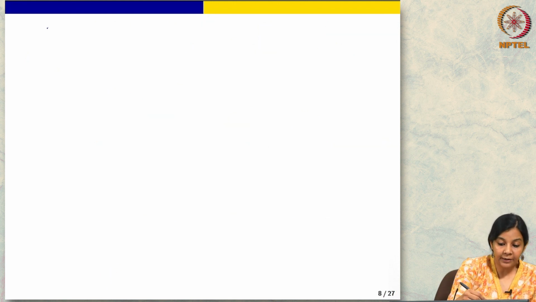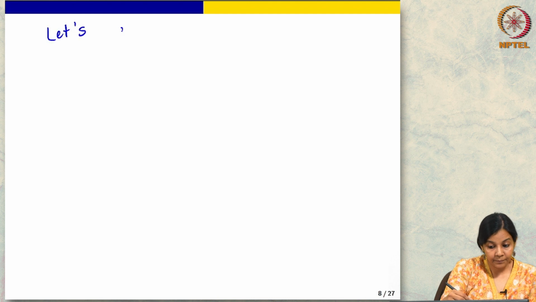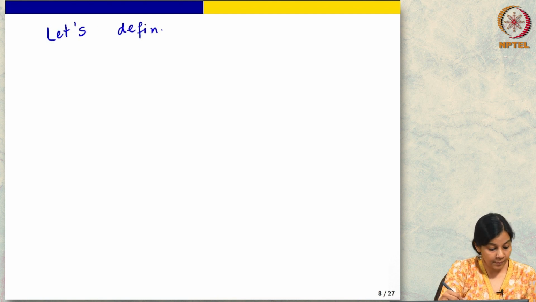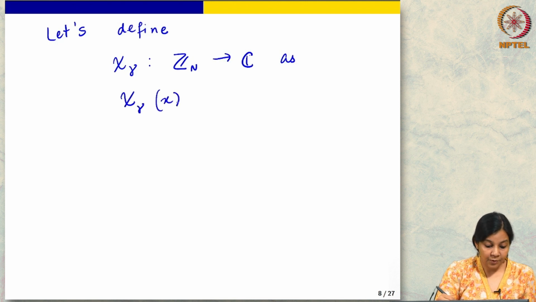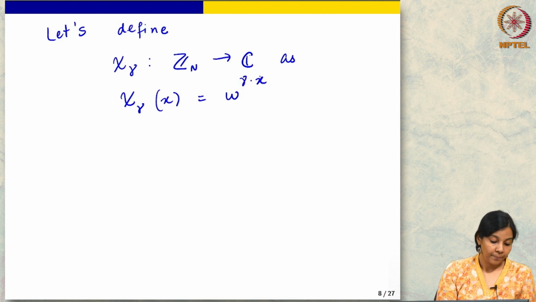So now let me define chi gamma from Zn to C as chi gamma of x equal to omega to the gamma x. Okay.